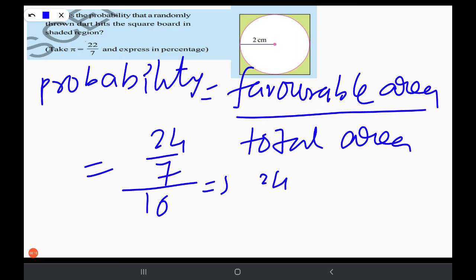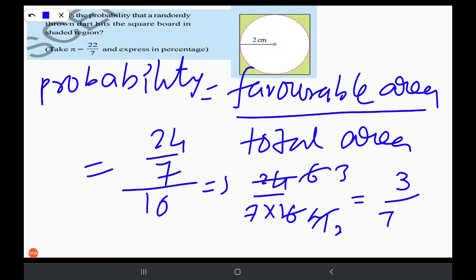So 24 by 7 into 16, it becomes 4 sixes are 24, 4 fours are 16, 2 twos, 2 threes. So 3 by 7 into 2, that becomes 3 by 14. Okay, 3 by 14 is the actual probability, but we need the answer in percentages.